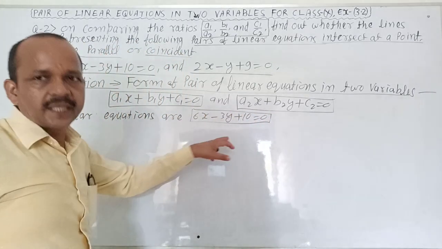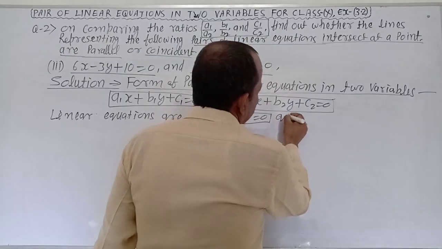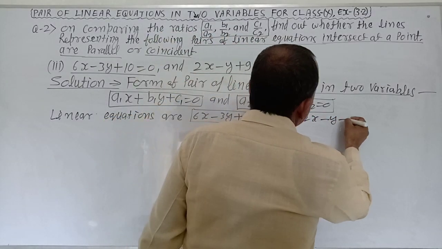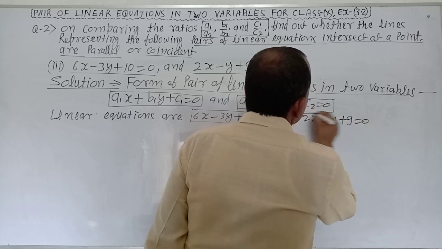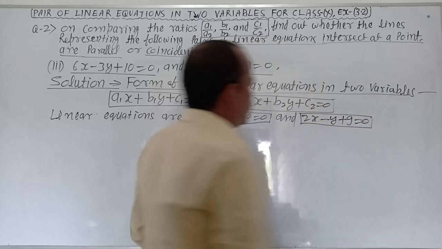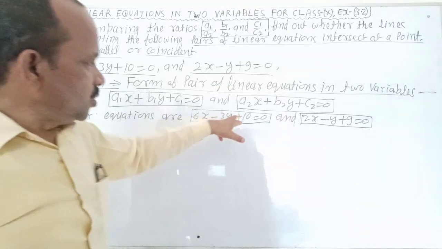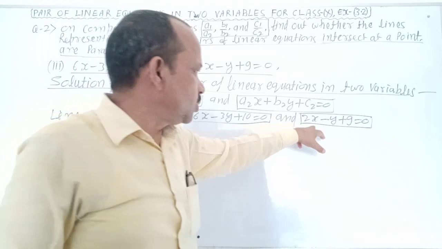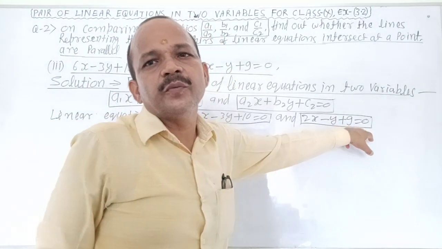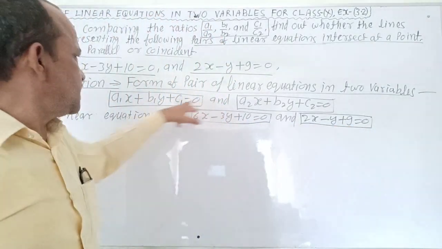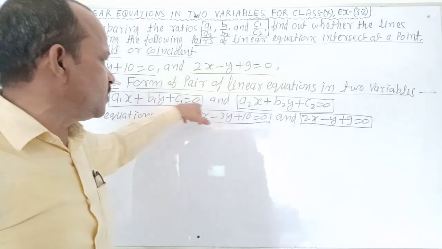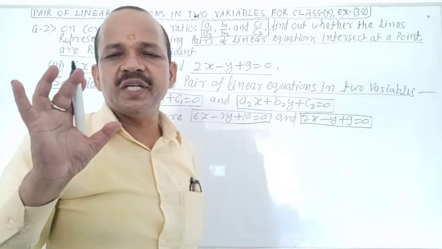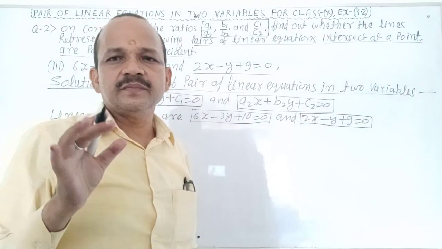It is the first equation, and 2x minus y plus 9 equals 0. It is the second equation. The two equations are 6x minus 3y plus 10 equals 0 and 2x minus y plus 9 equals 0. The form of a pair of linear equations is a1x plus b1y plus c1 equals 0 and a2x plus b2y plus c2 equals 0. It is clear? Now you compare. Clear?